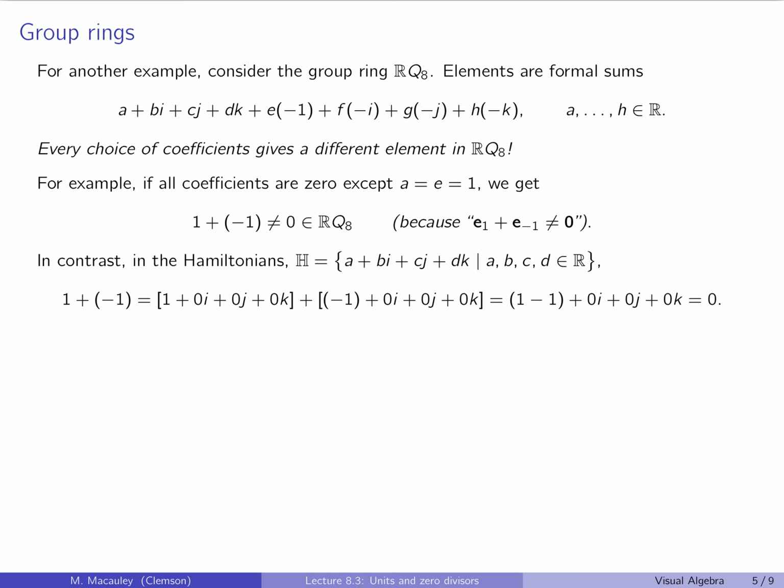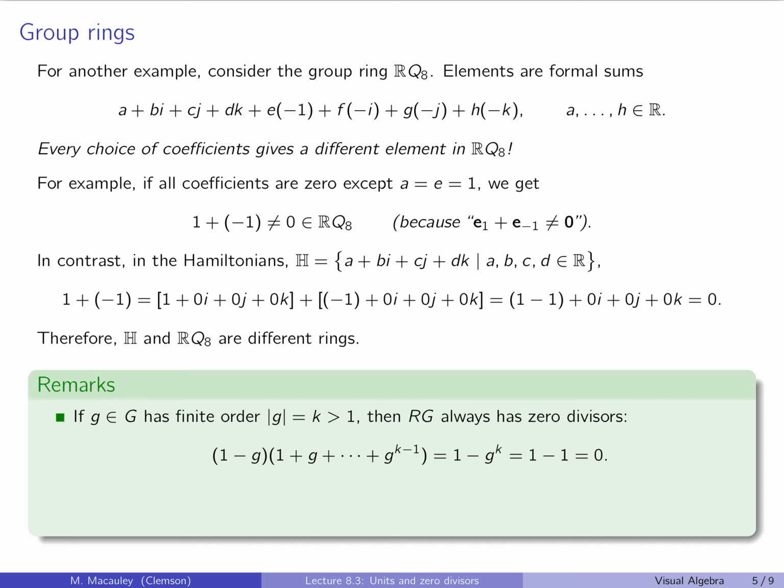In contrast, in the Hamiltonians, if you look at all elements of the form a plus bi plus cj plus dk, and you write 1 plus negative 1, then of course that is going to be the 0 element. Therefore, the Hamiltonians and the group ring RQ8 are different. They're non-isomorphic. I guess this isn't a proof, it's just intuition for why they should be different.